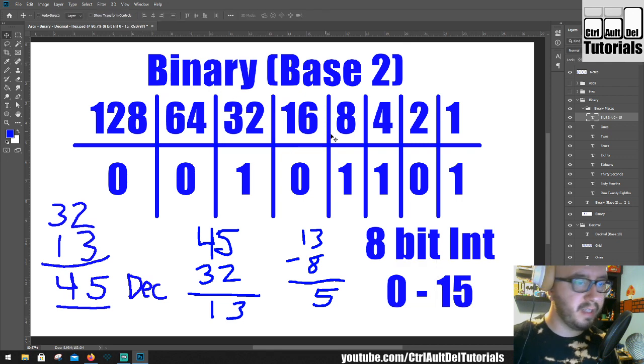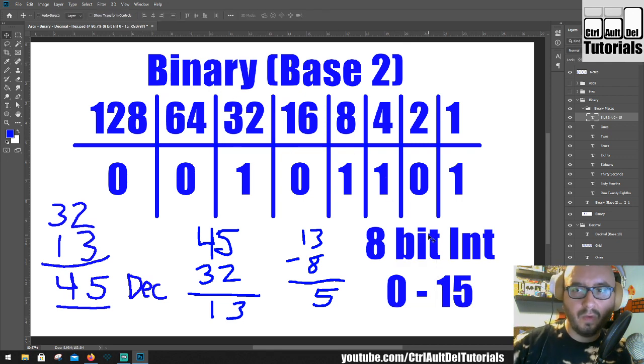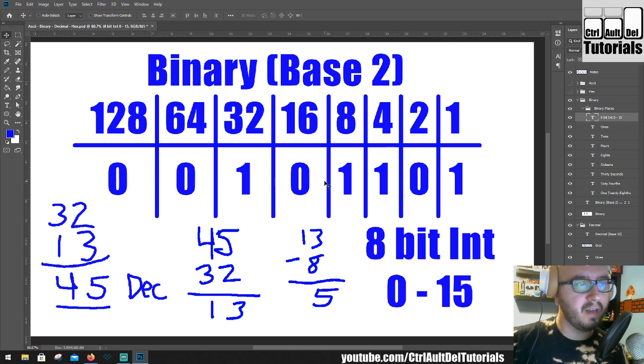That means if they ask you on the AP exam about an 8-bit integer, we know that can store from 0 to 15. 8 bits means I can store this much information only. So 0 to 15 is all I can have.